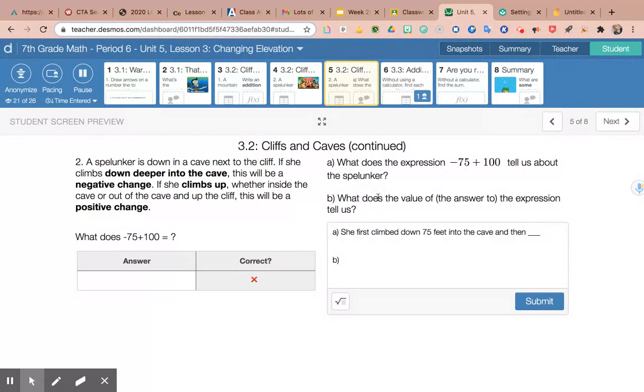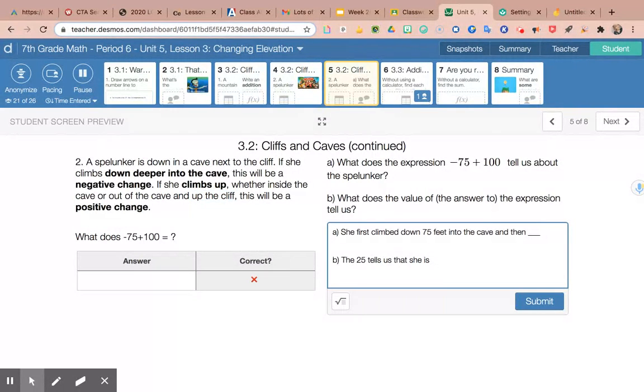For B, it says, what does the value of the answer to the expression tell us? So what does the answer that we got here tell us? The 25 tells us where she is. It's positive. Remember, 0 is the ground, so if she's positive, she's above the ground.